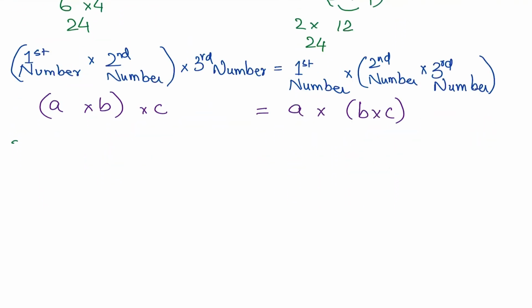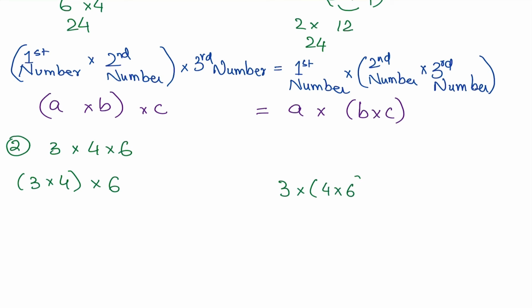The second example is multiply the numbers 3 times 4 times 6. Now if we apply associative law to this example, we can rewrite this by grouping the first 2 numbers, that is by grouping 3 and 4, then multiply 6 with it, and then we can multiply the first number with the group of second and third number.